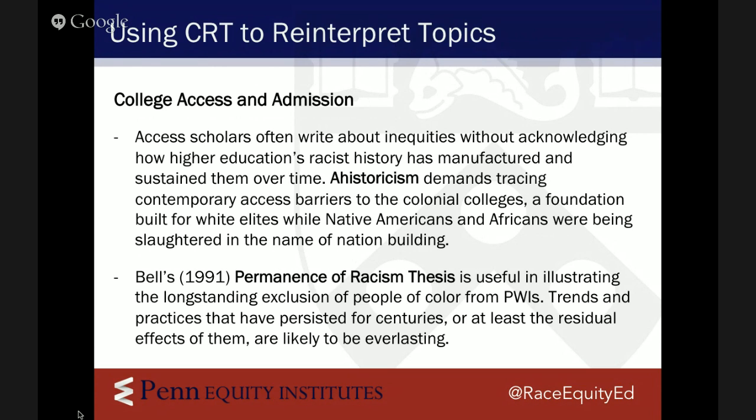Trends and practices that have persisted for centuries, or at least the residual effects of them, are likely to be everlasting, right? So we read a lot of papers where people suggest that if you do 1, 2, and 3, suddenly we will have racial equity. I don't believe that.